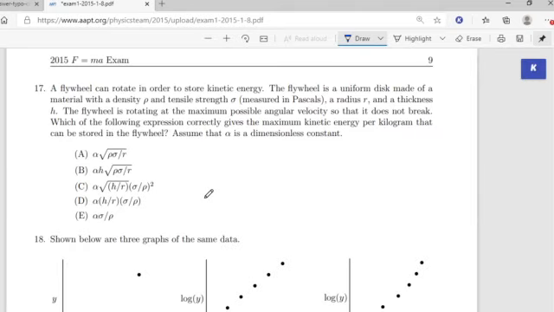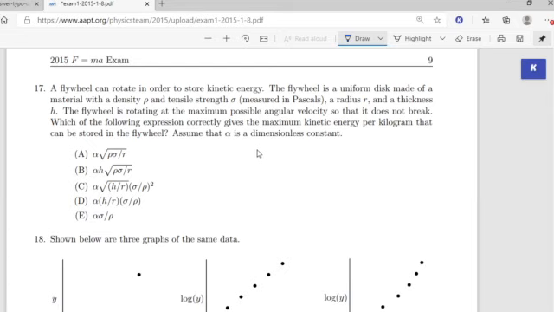Oh, okay, this is good. This is dimensional analysis. So a flywheel is a uniform disk made of material with density rho and tensile strength sigma measured in pascals, which is the same thing as pressure basically.